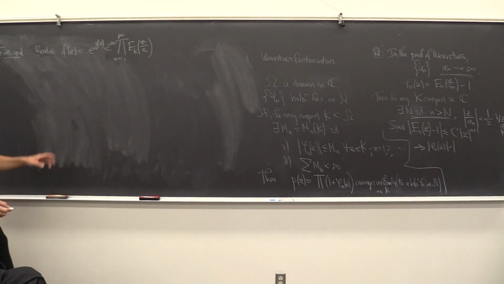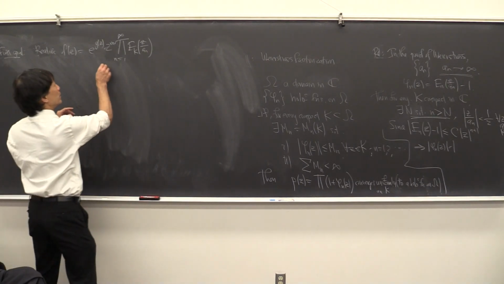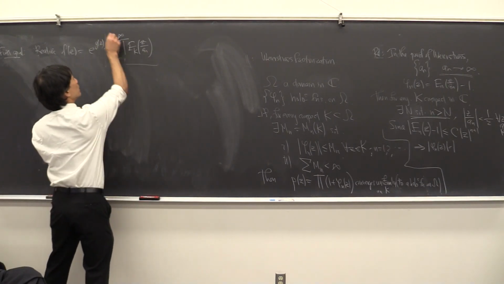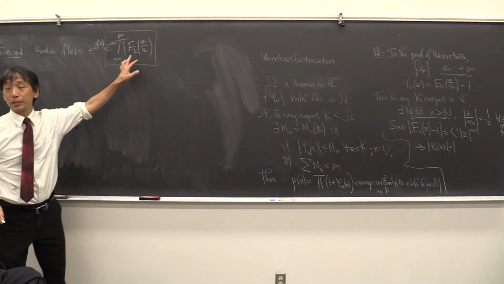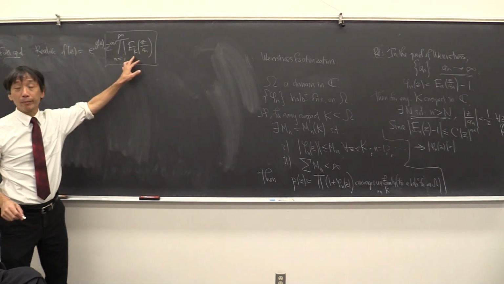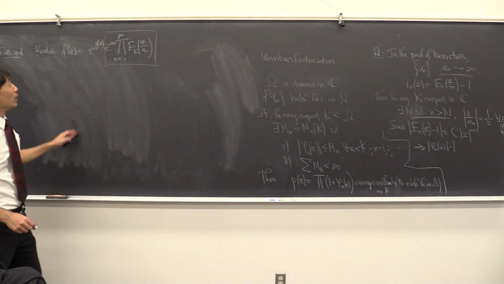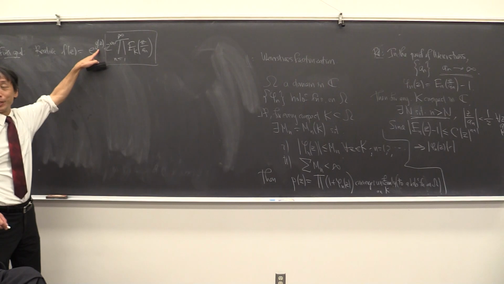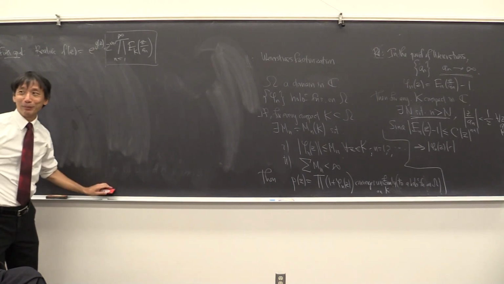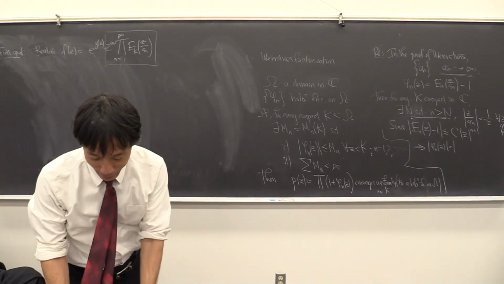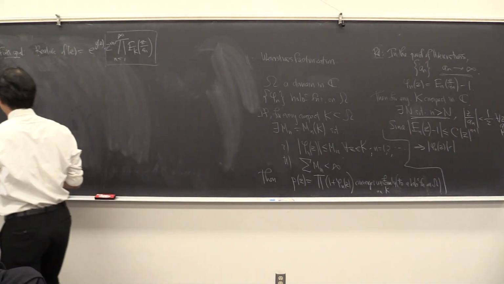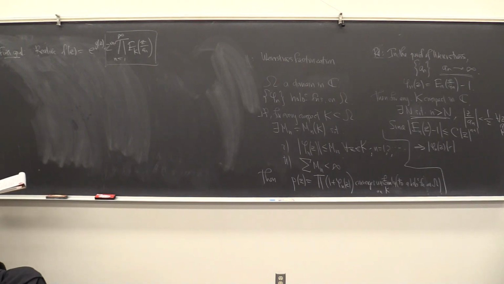The first goal is really to show that this thing actually converges, and that's not the hard part. The hard part is to show that this g is actually a polynomial. That's going to take forever, but anyway, we'll do it.